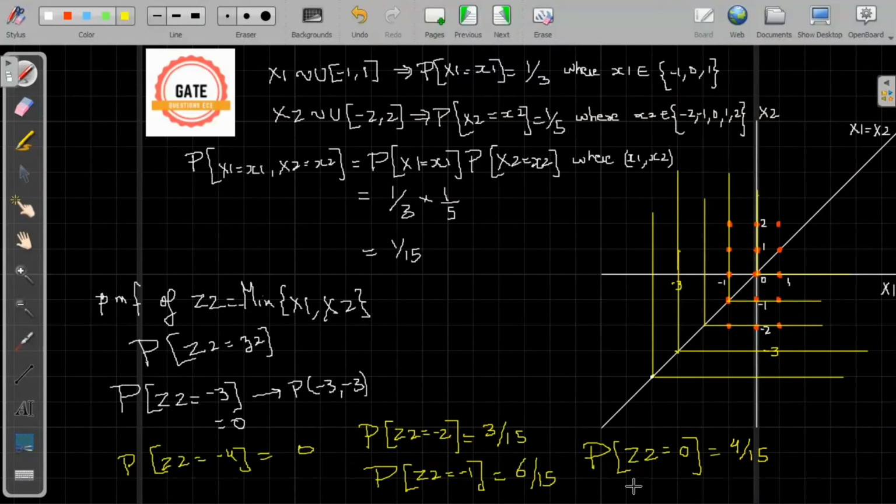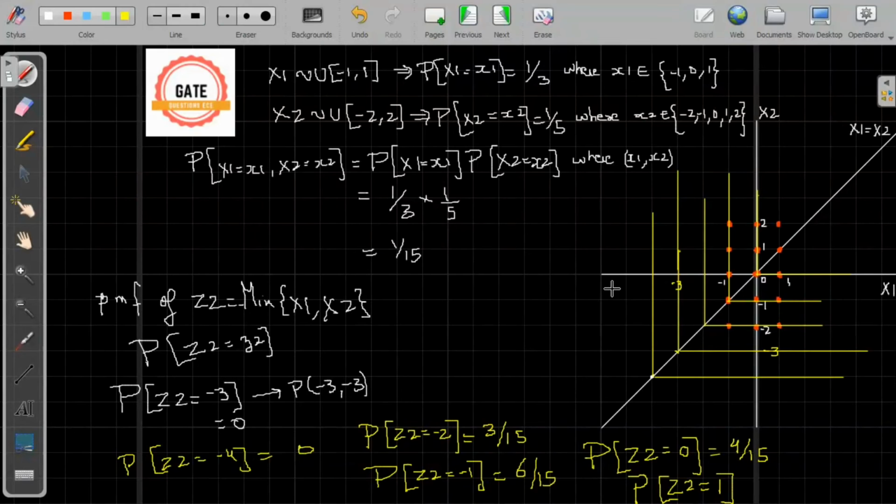So the next non-zero probability will occur when Z2 is 1. In between 0 and 1, we can never draw a boundary here with corner on the x1 equal to x2 line which will overlap with any other point. So the next non-zero probability will occur when the boundary in the x1 x2 plane will have corner at (1, 1).